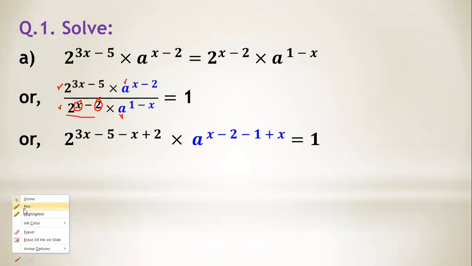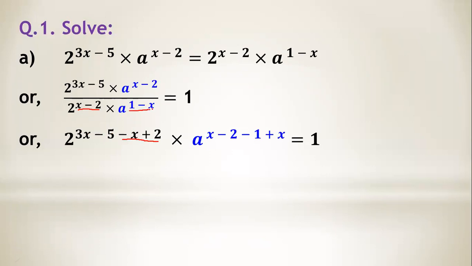Okay, I think by seeing it you can also understand. I have taken the denominator bases up using the quotient law. So x minus 2 has been changed into minus x plus 2, and 1 minus x has changed into minus 1 plus x. So this is according to the quotient law.